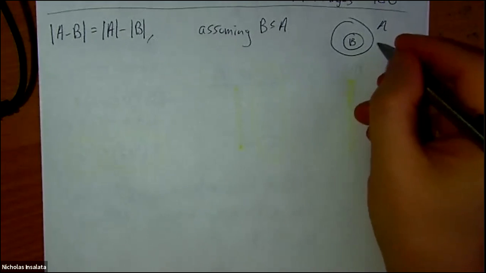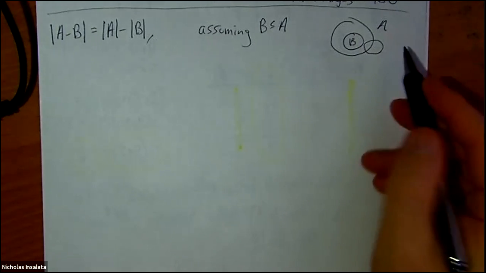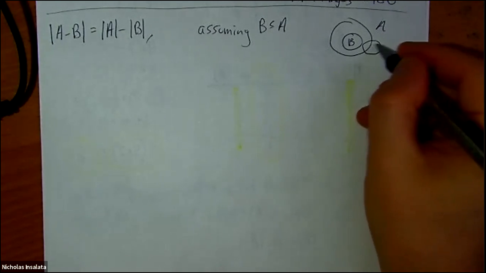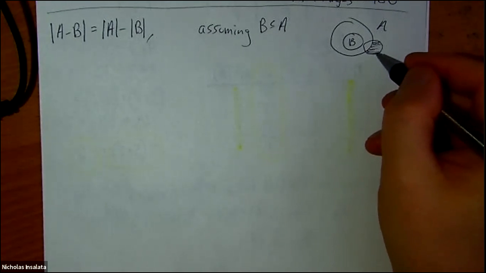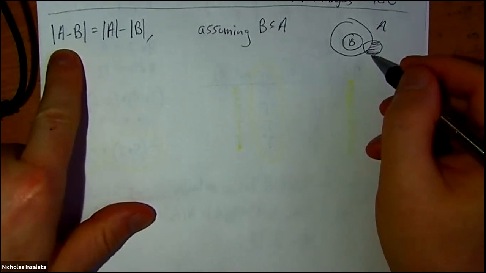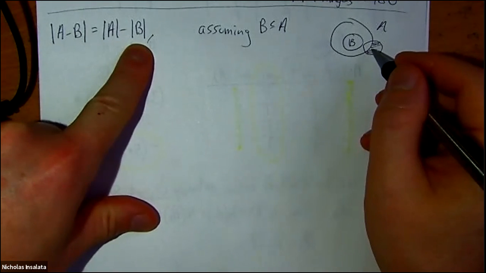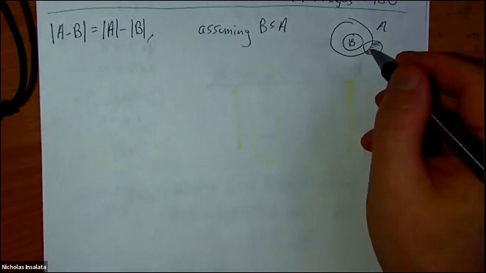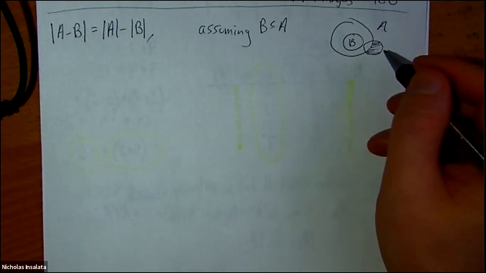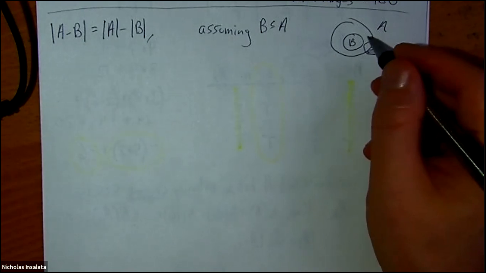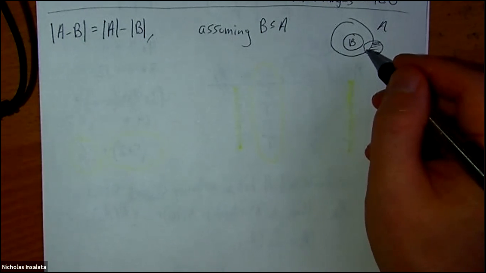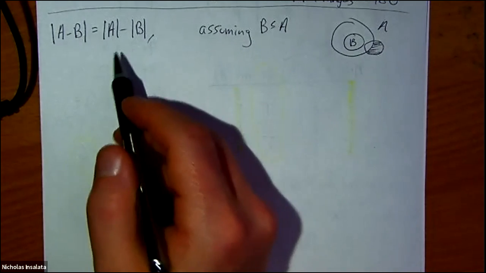If we had sort of this situation for B instead, then all of the elements over here would be subtracted off from A when we did this. But it wouldn't really make sense to subtract them off, because you're not taking them away from the number of elements inside of A in the first place, right? So maybe we should do a little example here, and we can sort of think about it both ways.